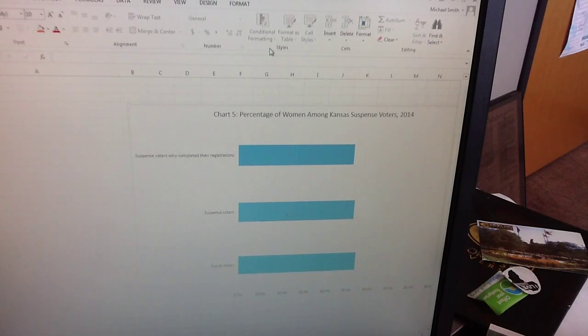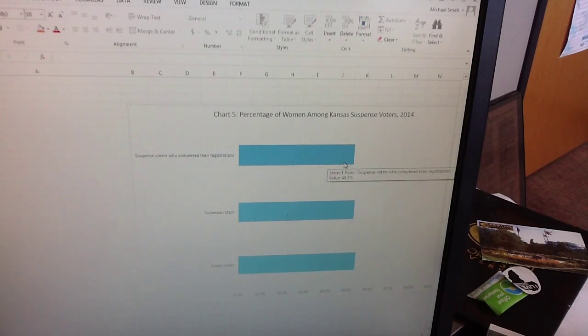By the numbers, it is 52.9% of active voters, that's this bar down here, are women. Of suspense voters, it is 50.6%, slightly fewer women, and of those who completed their registrations, again, it's slightly fewer, 48.7%, but not a lot of gender differences there.